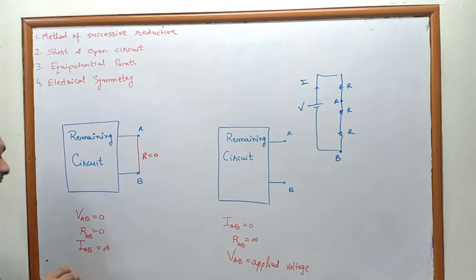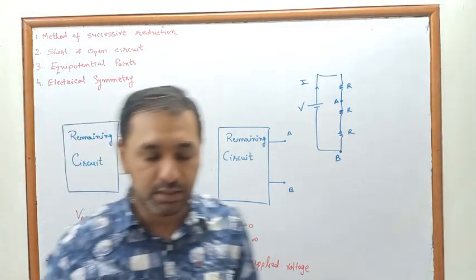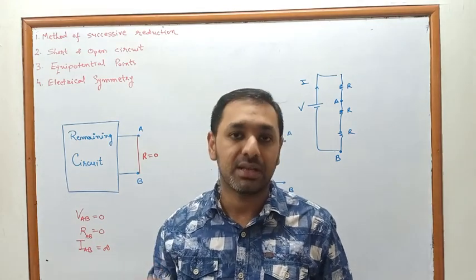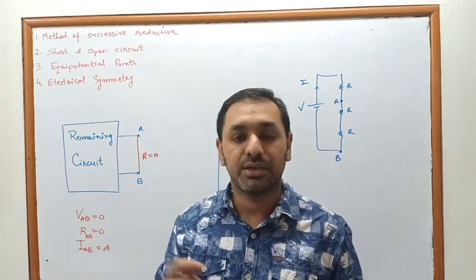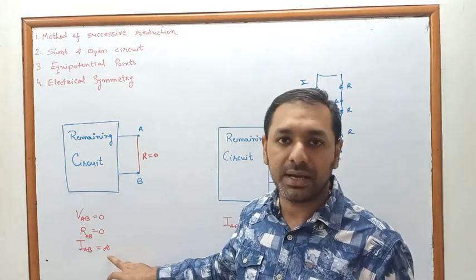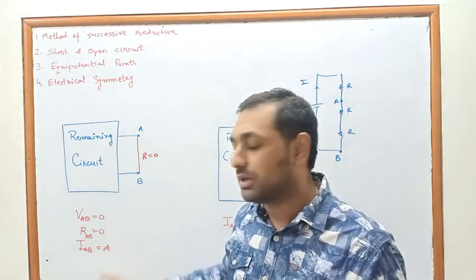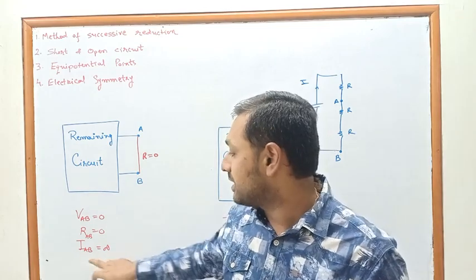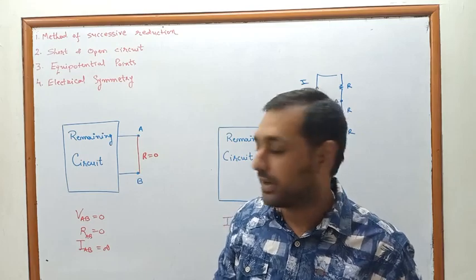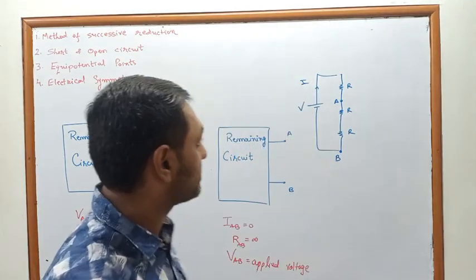And I_AB is infinite, because if you take Ohm's law into consideration, V is equal to IR, then I is equal to V upon R. If R is 0, then I will be theoretically infinite. Practically it will not be infinite, but theoretically we can say I is infinite when A and B terminals are short circuited. So this is what short circuit is.